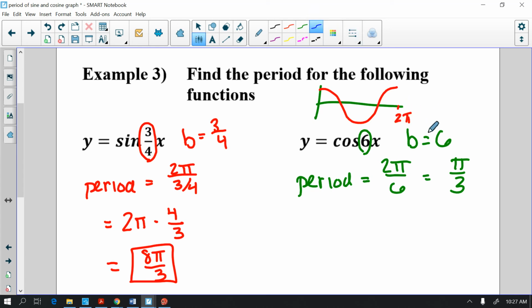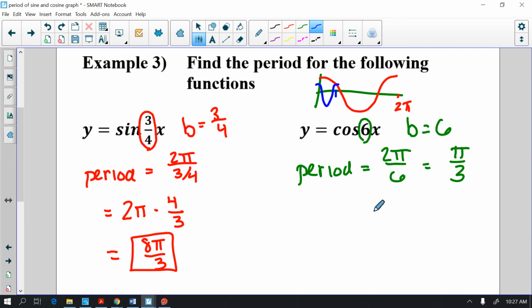But this one is going to repeat one wave from 0 to pi over 3. So 0 to pi over 3 is somewhere in here. So this is going to make a much shorter wave, it's going to shrink it down a lot. It's going to be a horizontal shrink in that case. We'll get more into that. Don't worry. Right now, I just really want you to practice identifying that period.